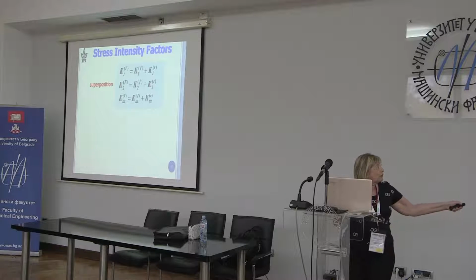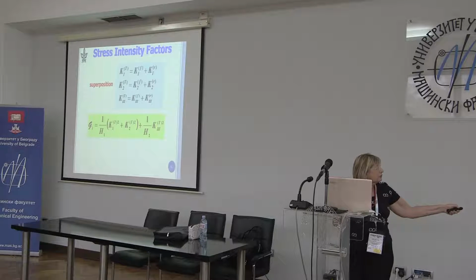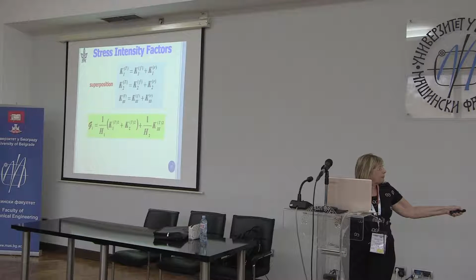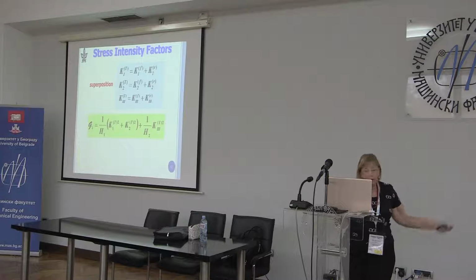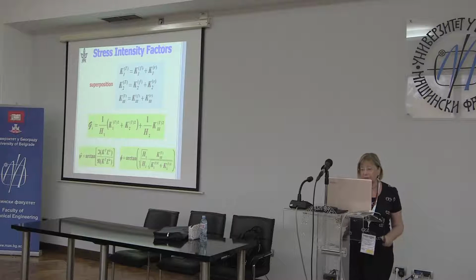We superpose them to get a total stress intensity factor, and now we have the interface energy release rate G for K1 squared, K2 squared, and K3 squared with a total on them. And we have the two phase angles, psi hat and phi.